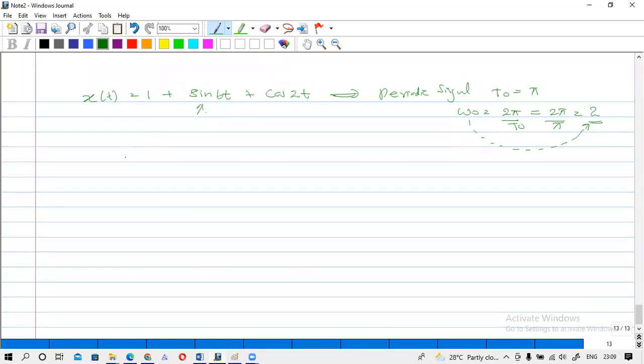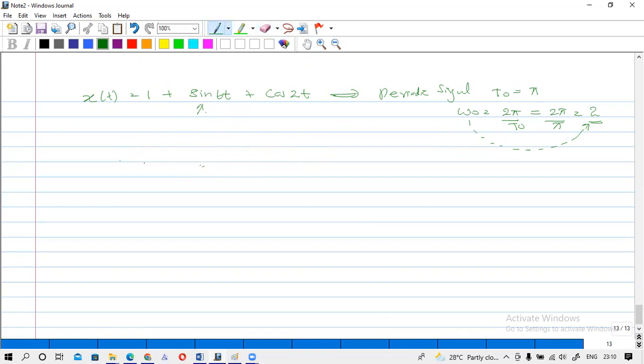Sin 6t, you can write it as half e to the power j 6t minus half e to the power, sorry, I can't remember that one.